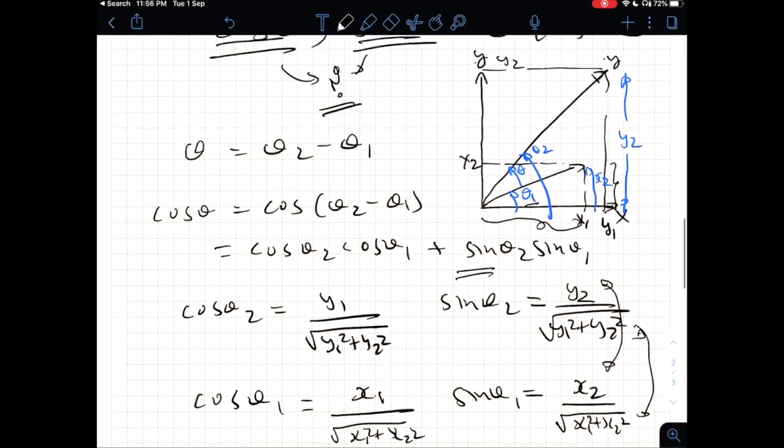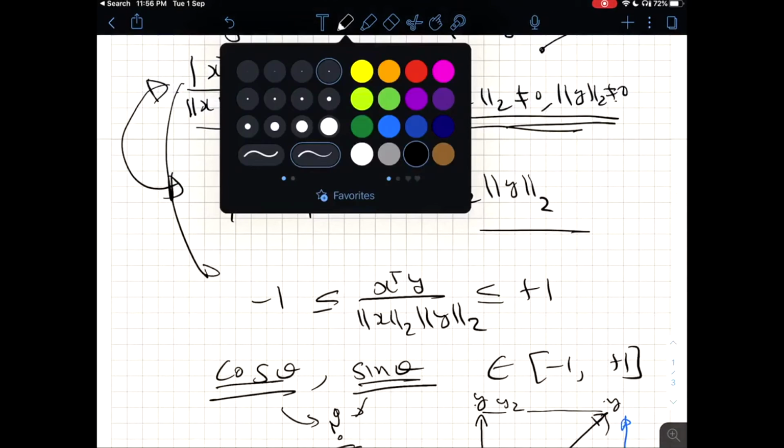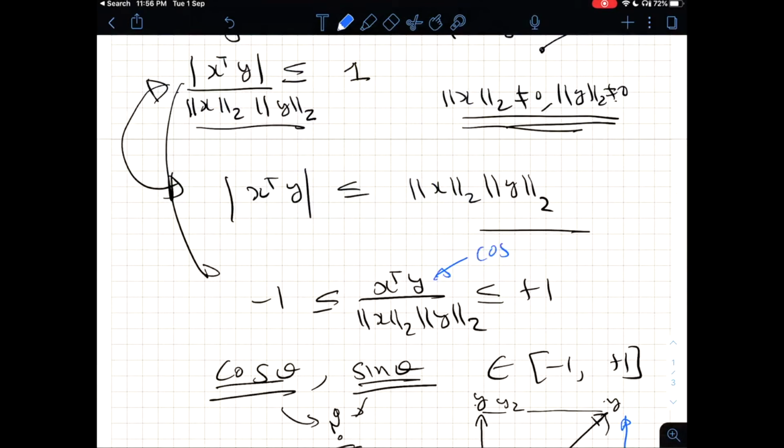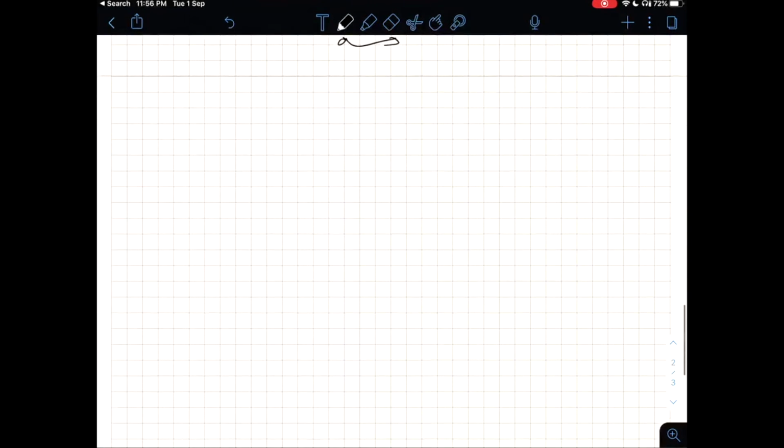So now, motivated by this two-dimensional example, what do you see as the right thing to write here? The correct thing to write here is cos of theta, and this you can extend to three dimensions also. And so we are going to find cos of theta in Rn space as the dot product x transpose y divided by length of x into length of y, where of course both the vectors are non-zero.